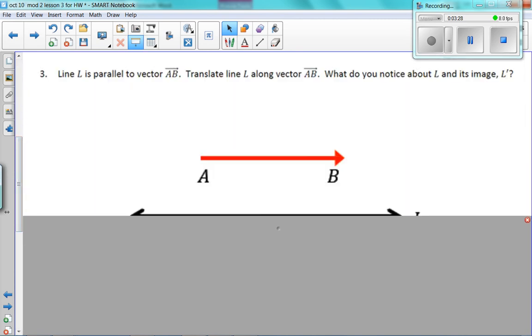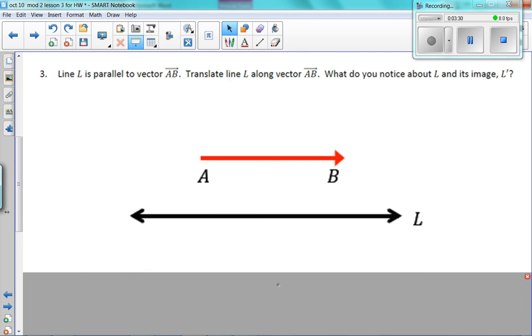The next problem is line L is parallel to vector AB. Translate line L along vector AB. What do you notice about L and its image L prime? So again, we're going to create the image of L along vector AB.